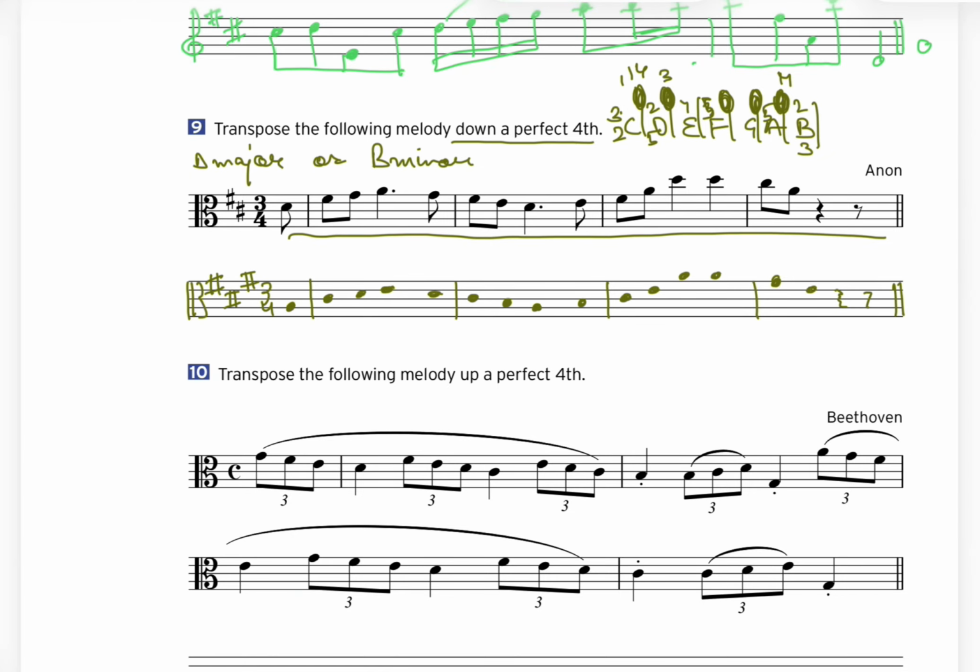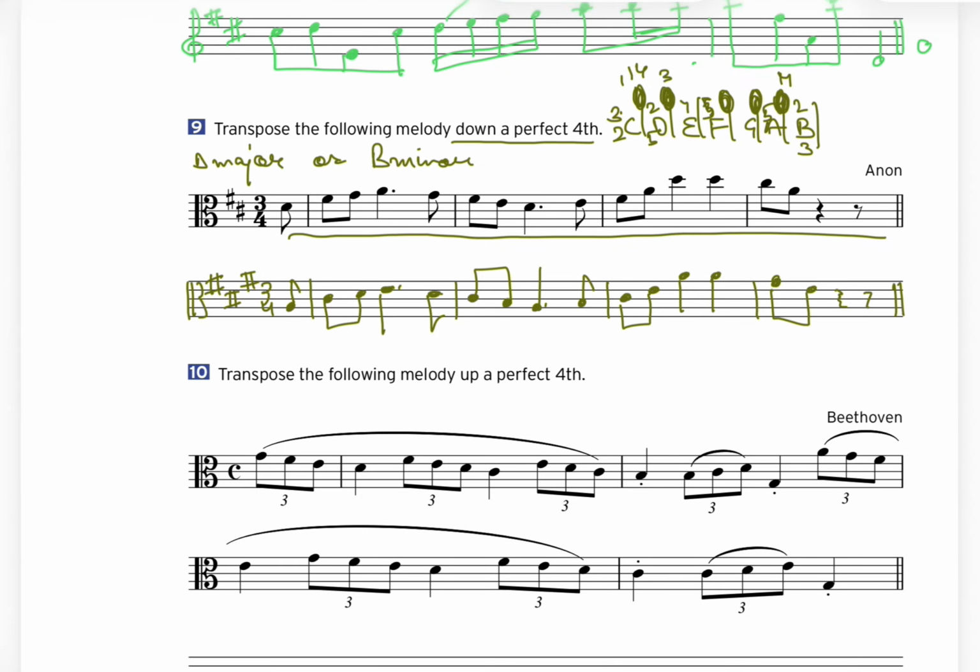Let's put the tempo. Okay, and here we finish this question. So this is our down a perfect fourth.